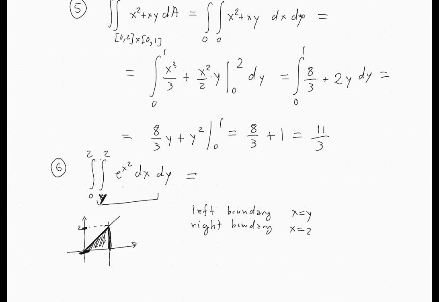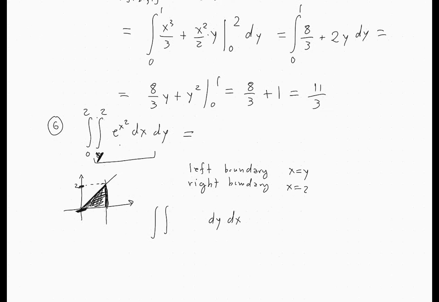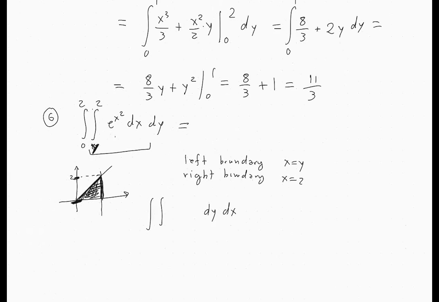And now we can ask ourselves, how can we do this the other way around? So start with dy. If you want to start with dy, then you have a lower boundary and an upper boundary. The lower boundary is simply the x-axis, also known as y equals 0. And the upper boundary is going to be just the bisector, right?